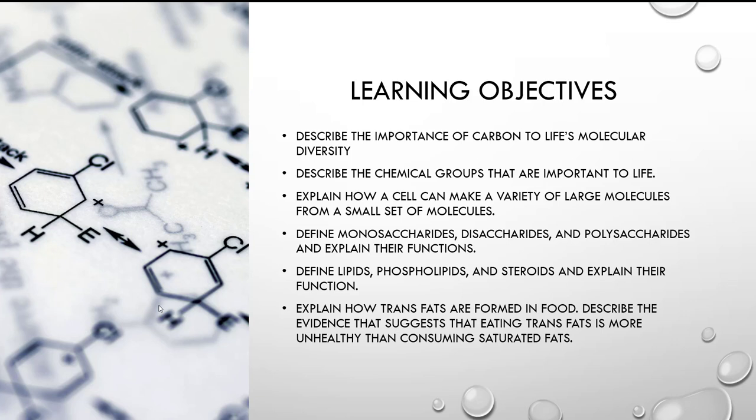And you'll be able to describe the evidence that suggests that eating those trans fats is not very healthy for you. It's actually worse than consuming saturated fats. So by the end of this lecture, you should be able to write out all of these explanations.